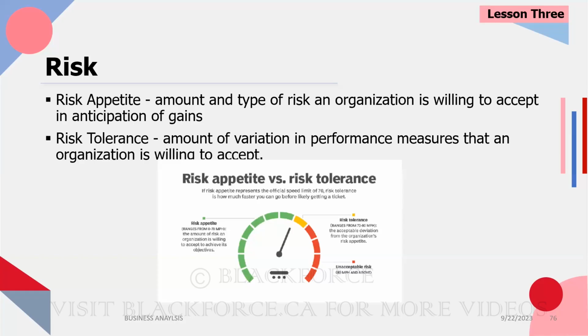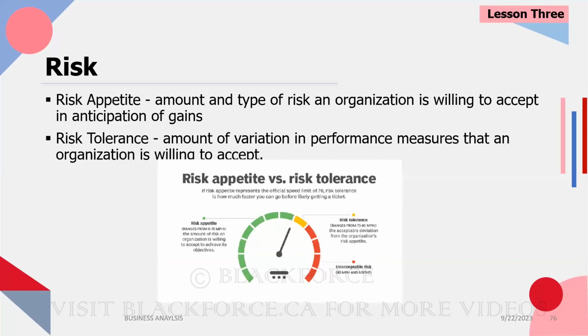So let's look at speed limits, for example. Depending on what province or state you're in, your state for certain roads might have a risk appetite that is 0 to 70 miles per hour. Our appetite can accommodate up to 70 miles per hour.